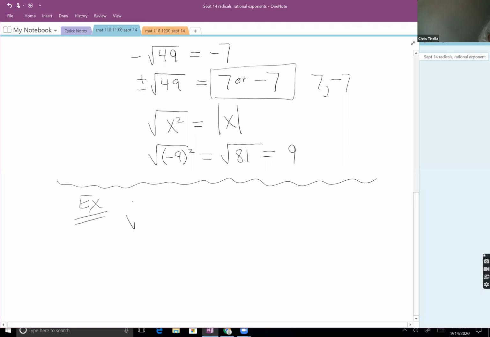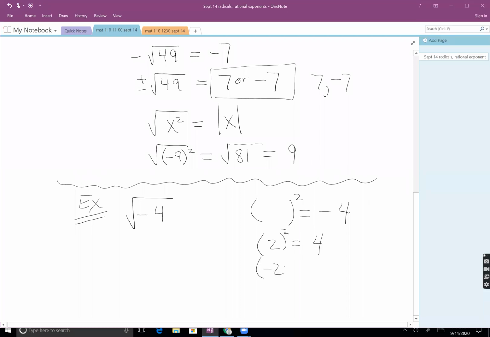So now let's look at something like the square root of, let's say, negative 4. Is there something that I can square and get negative 4 as its answer? If I square 2, I get 4. If I square negative 2, it gives me positive 4. So this is not possible.